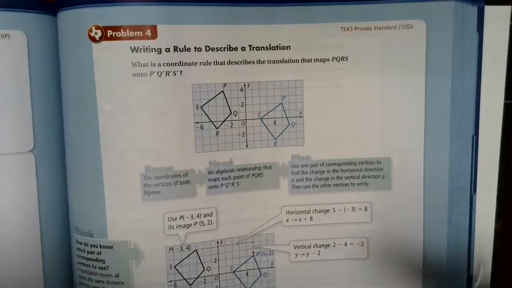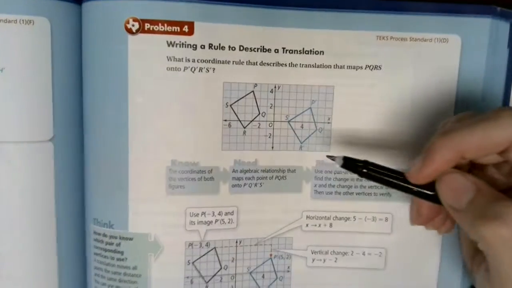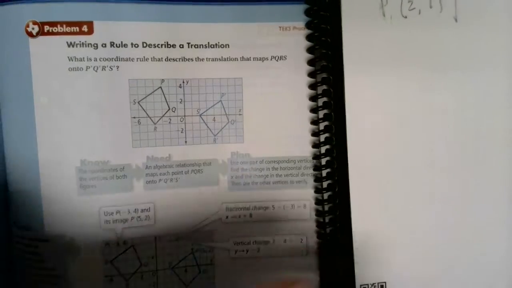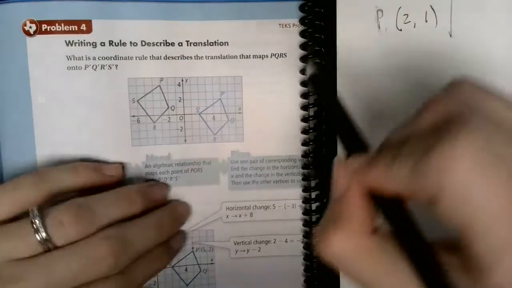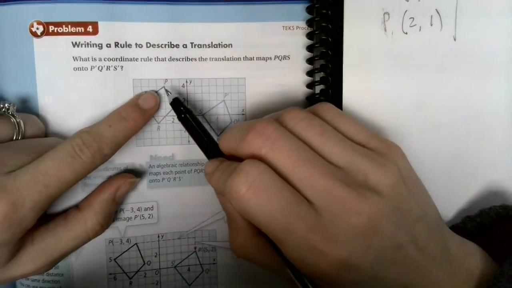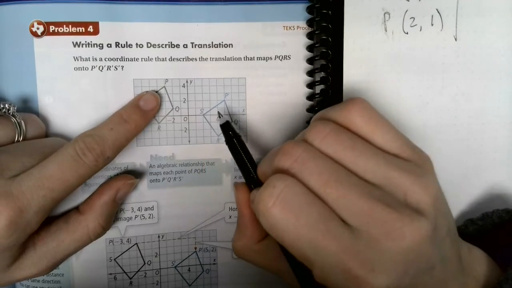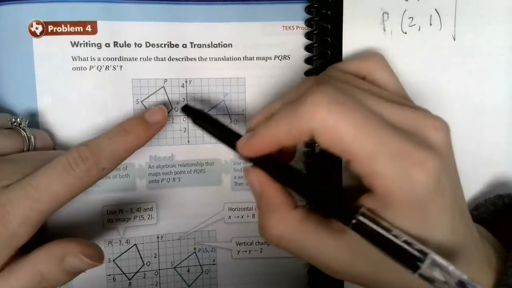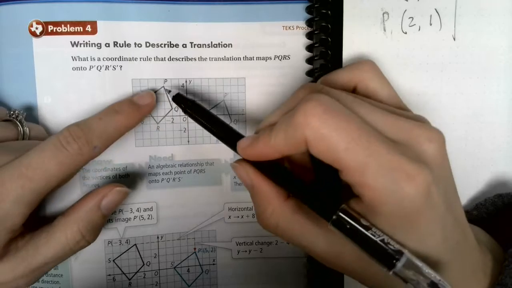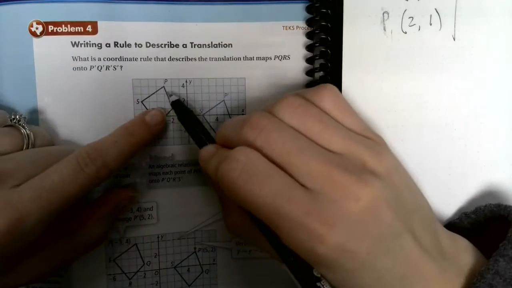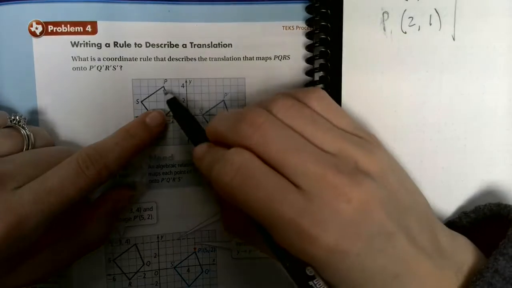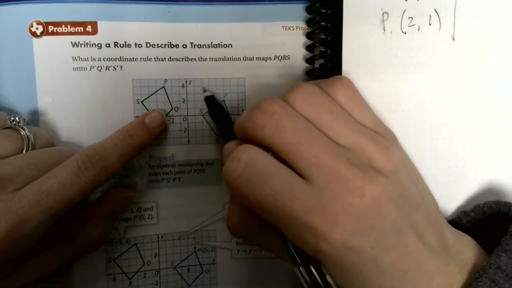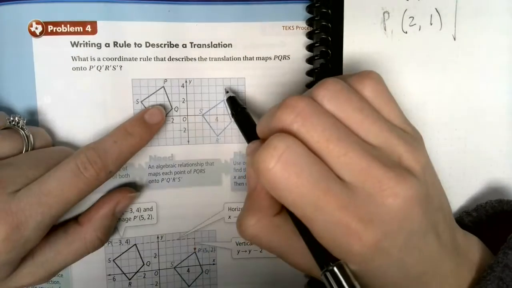Now for this problem, it's asking to write a rule that describes it. And this is like what I was just saying. To find the rule, we just have to subtract, or we can count. So this is the pre-image, the P, and then the P prime is the image. So I could just count how much it goes to get from P to P prime. Let's do the x-axis first. So it goes 1, 2, 3, 4, 5, 6, 7, 8 to the right.